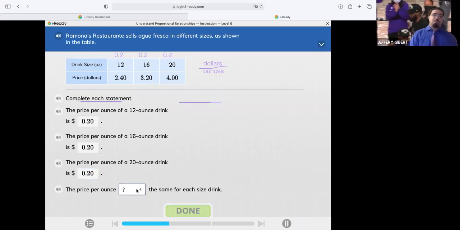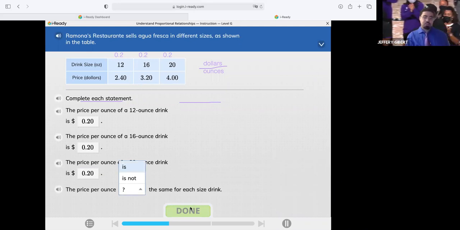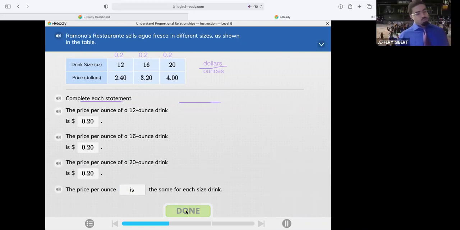So is it the same or is it not the same? It's the same. Correct. The relationship is proportional. The price per ounce is 20 cents, so the constant of proportionality is 20 hundredths.